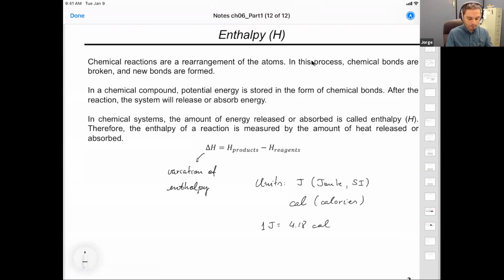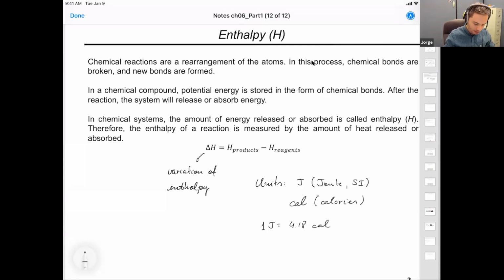Okay, so our goal from now on is to determine the enthalpy of different reactions. And the enthalpy will tell us if the system releases energy to the neighborhood or absorbs energy.